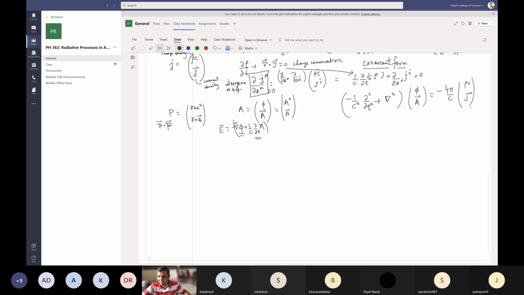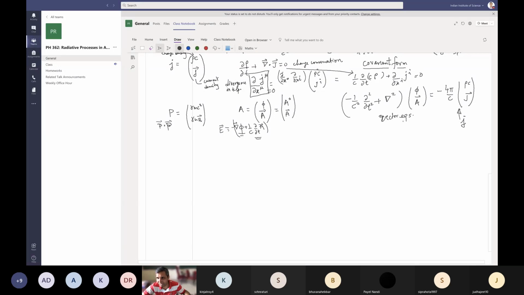This is actually a 4-vector, obviously, because this is J, the 4-vector J. This is also a 4-vector. So this is a vector equation.